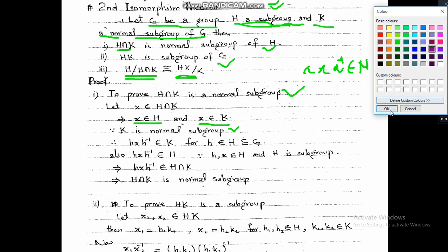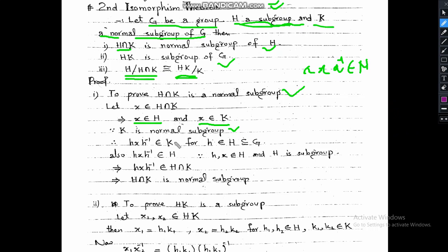So here h x h inverse will belong to K because K is a normal subgroup. Here we are taking any element from H because every element of H belongs to G. So this property will be satisfied for every element of G if K is a normal subgroup.